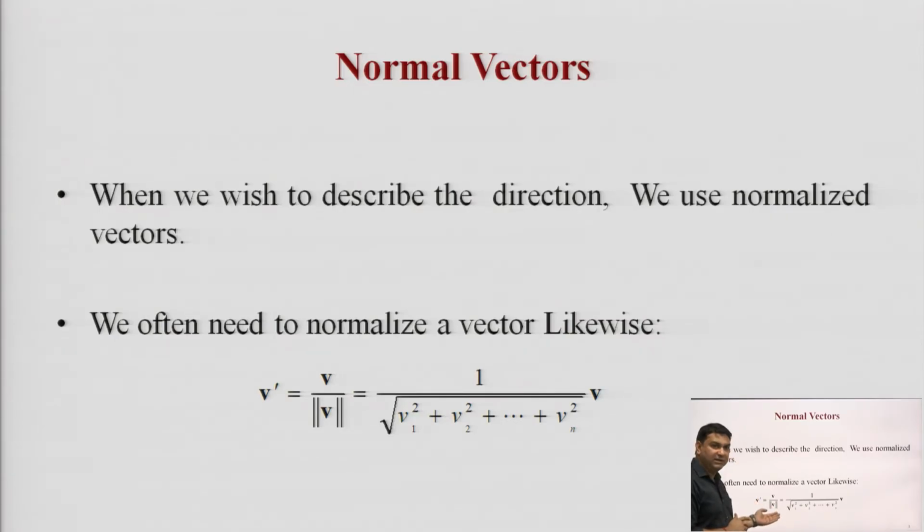As you can see, V dash is equal to V upon mod V. It means 1 upon the square root, in the same way in which we have represented the magnitude of a vector of dimension n, and this representation of the normalized vector gives a unit length of 1.